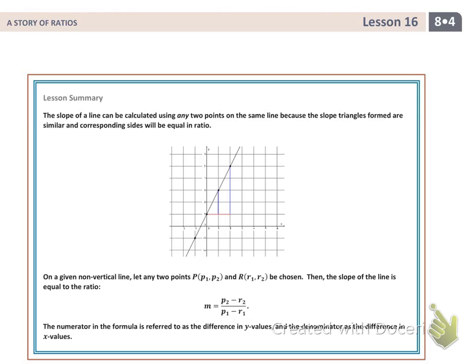Okay, so let's look at the lesson summary. We saw that the slope of a line can be calculated using any two points on the same line because the slope triangles that are formed are similar and the corresponding sides will be equal in ratio. And so given a non-vertical line, if you have any two points, such as P and R, then the slope of the line is equal to this ratio.